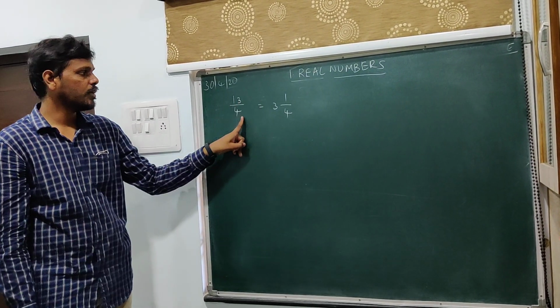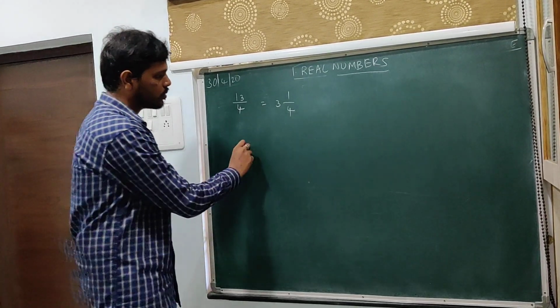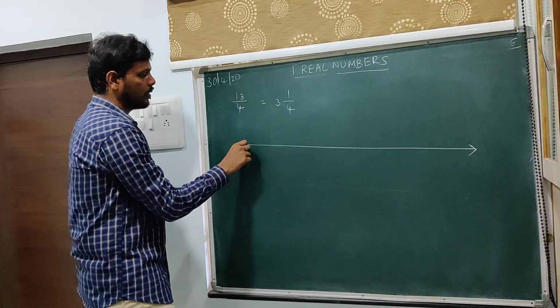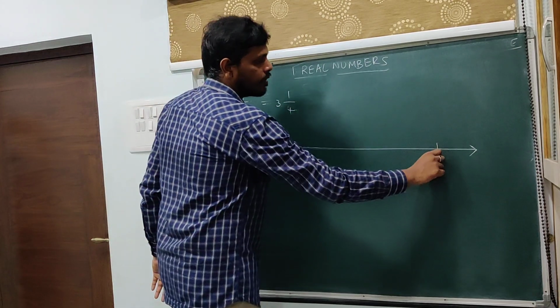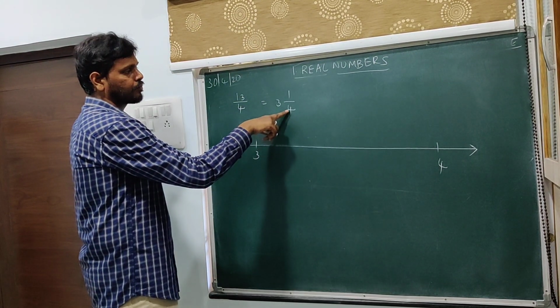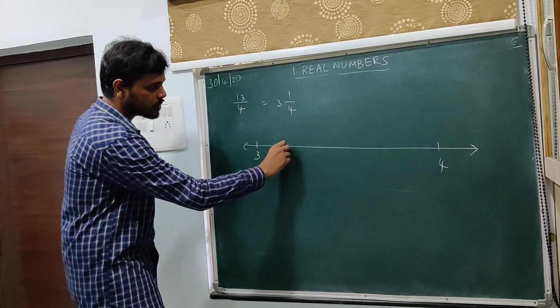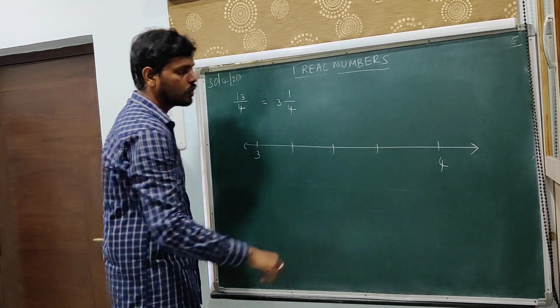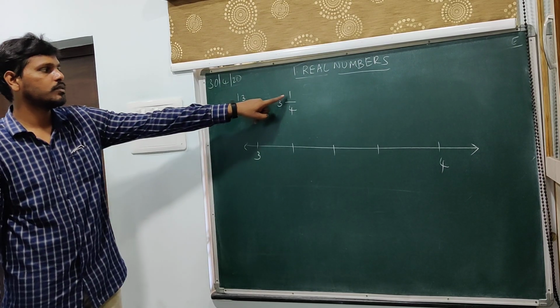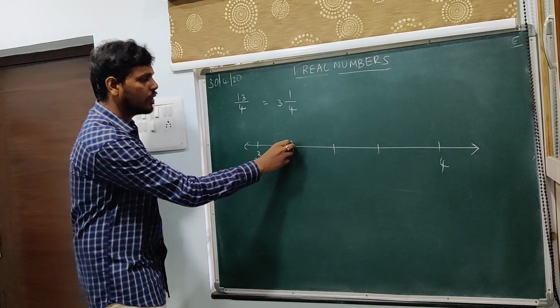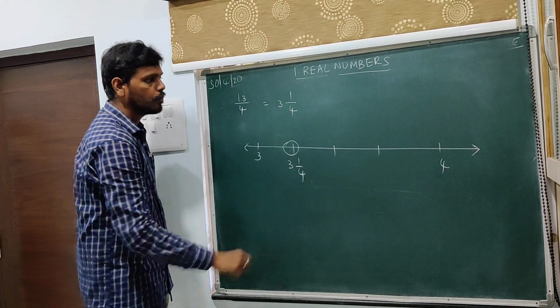So this indicates that 13 by 4 lies between 3 and 4. So draw a number line and mark 3 and 4, and the denominator indicates 4 equal parts, so divide the space between 3 and 4 into 4 equal parts, 1, 2, 3, 4, out of which we are interested in only one part. So this is your one part, so finally this is 3 1 by 4.